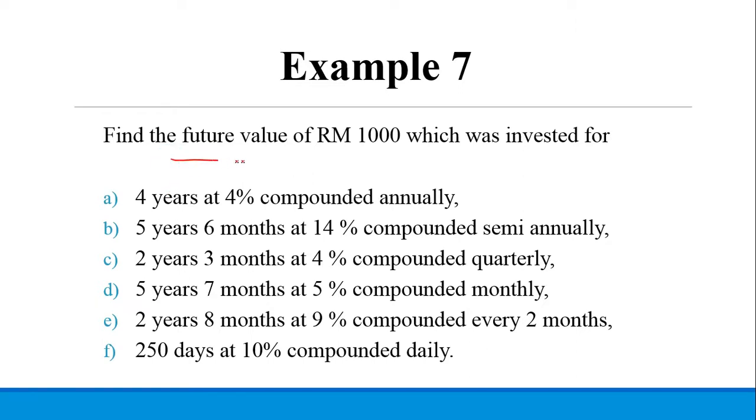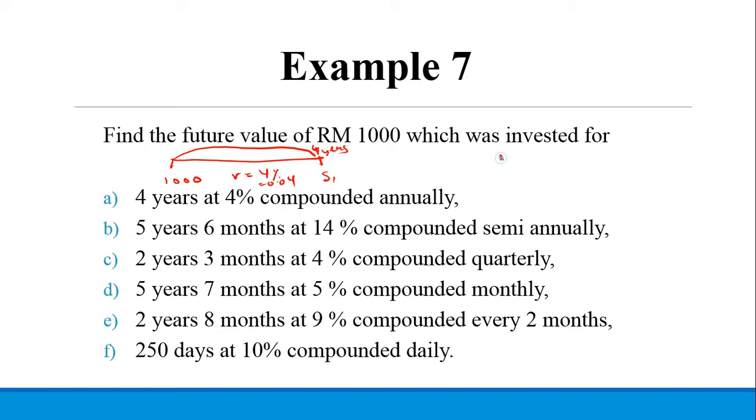Make sure you put the timeline first, so you don't get confused. Future value is S, P is 1000, and you want to find S. They compounded annually, once per year, for a total of 4 years, at 4%, which is 0.04.